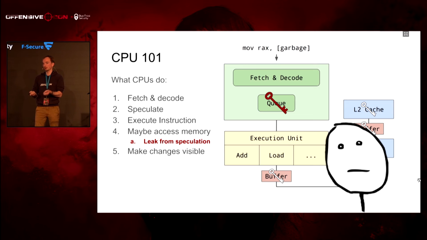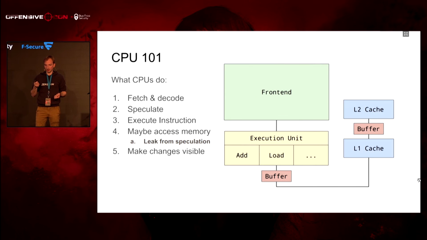If the access is slow, you know it didn't. The usual attack is called flush and reload, where you make an array with 256 pages, then use a secret byte as an index to access this array at some offset. After speculation, you go through the whole array. If one of them is really fast to access, you know this is the secret index that you just leaked from speculation.